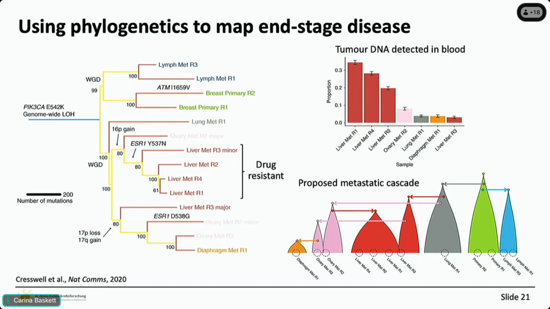What we also did is we looked at a blood sample that we also took from the patient at the point of death. And one thing that's quite useful in the blood is that you can detect tumor DNA. So when tumor cells die, they actually shed DNA into the blood, and you can take a reading of this. And this indicates cells that are releasing DNA into the blood. And we saw that many of the reads that we were seeing in the blood match very closely to the liver.